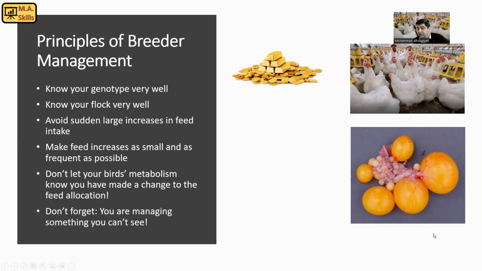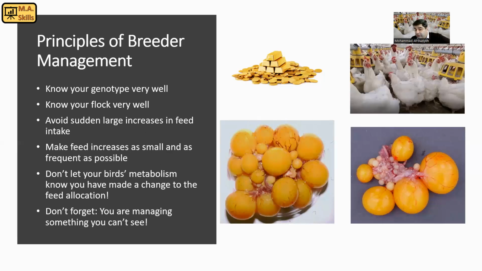Because the follicles you can see are in different sizes, from small all the way to the largest follicle or egg yolk. So this bird is going to lay perfectly because you have arranged the follicles. But you can't see that. It's inside the hen's body. But by taking these points into consideration, you are managing something that you can't see.